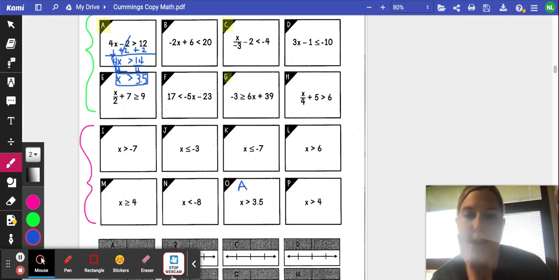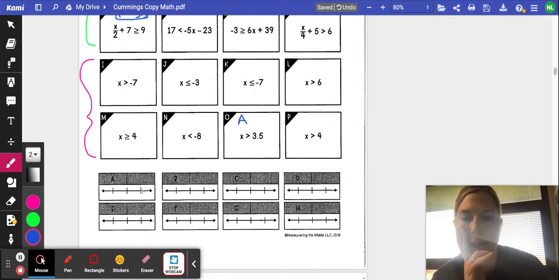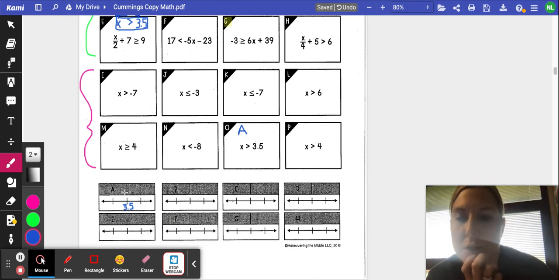I'm going to put an A on that card. And then I'm going to go down here where I see A. My card is right here. I'm going to put a 3.5 in the middle because that's the answer. I also know that my inequality is greater than, but not equal to, so my circle will be open.